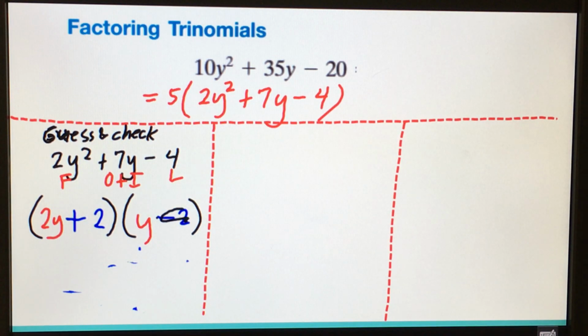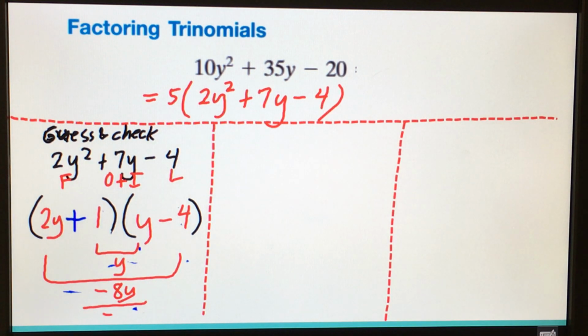So I'm going to change this to 4 and 1. Now the 4 is going to be the one that has a negative value, and then 1 would be positive. Doing the inner and the outer, I'm going to have a sum of negative 7y.